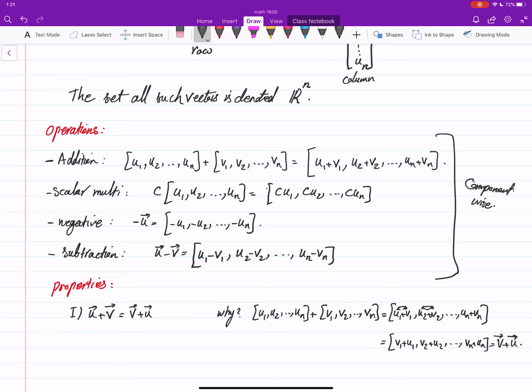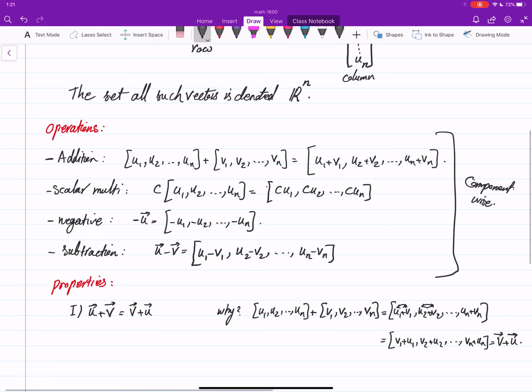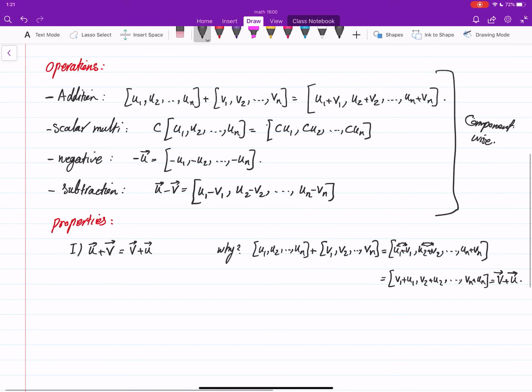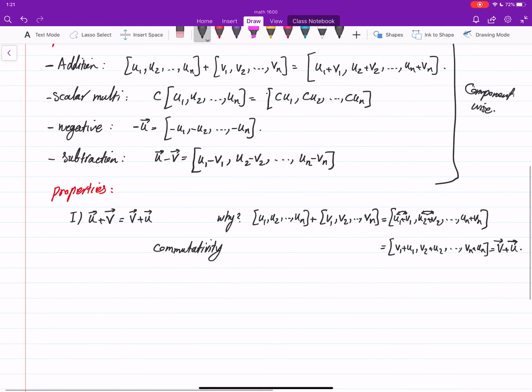So this shows that when the operations go to the components, if the components have a property, it can be transferred to the operations of the vector itself. This property is an important one, and it has a name: commutativity, or vector addition is commutative.